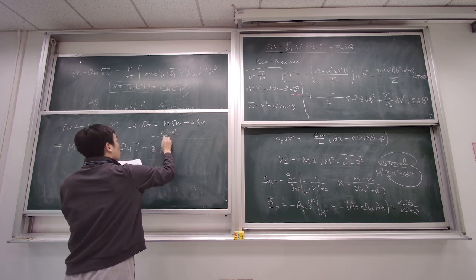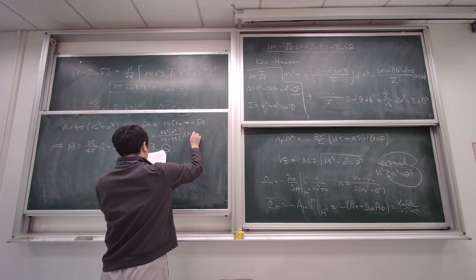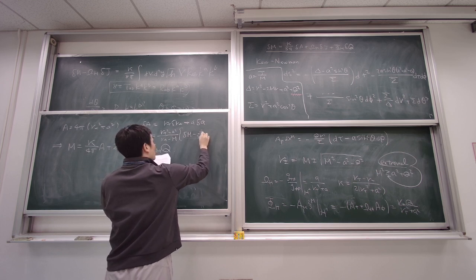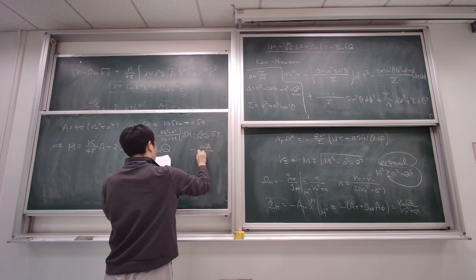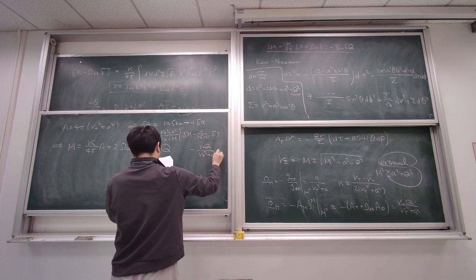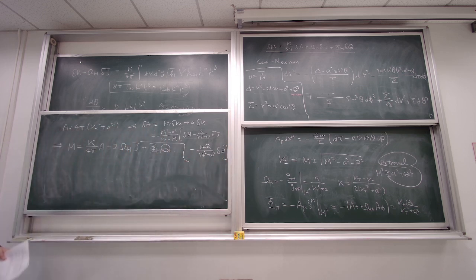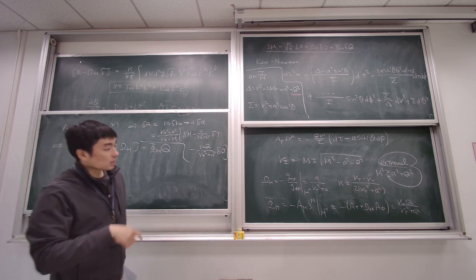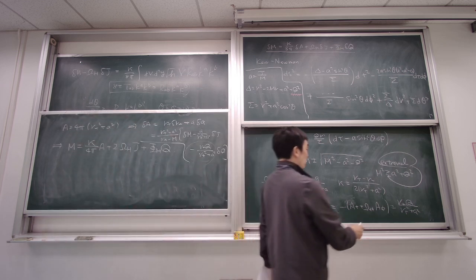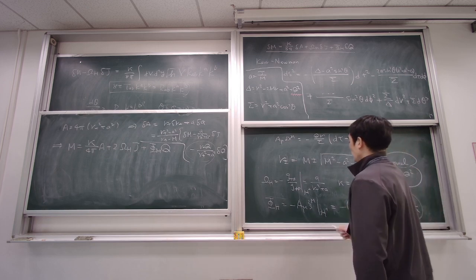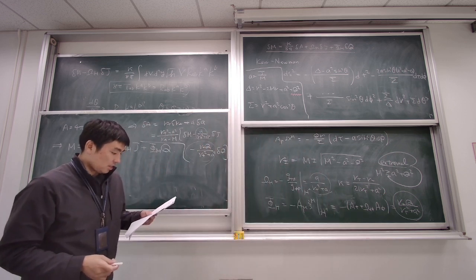It's just direct calculation. What's nice is you can do the explicit calculation to show this one. Like this way. Okay, and then we notice that this part is the same as this part, and this part is the same as this part.